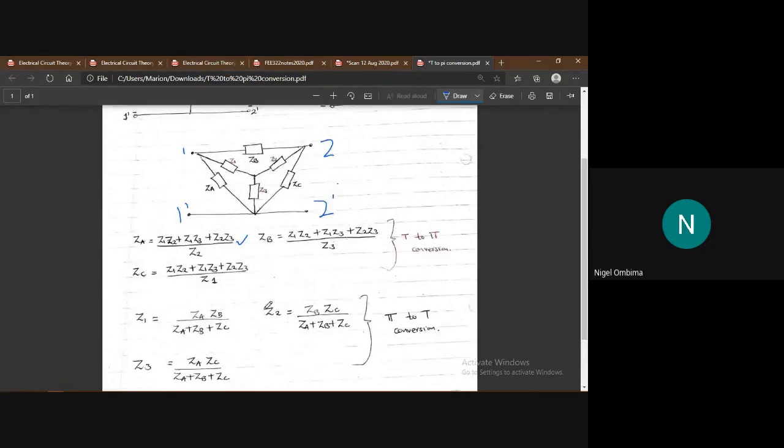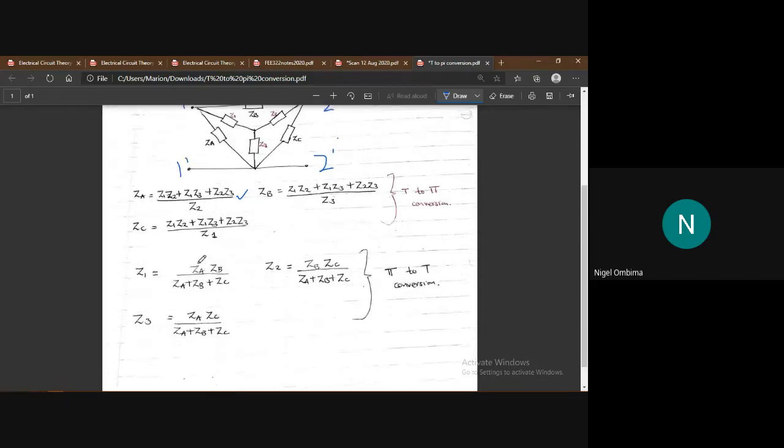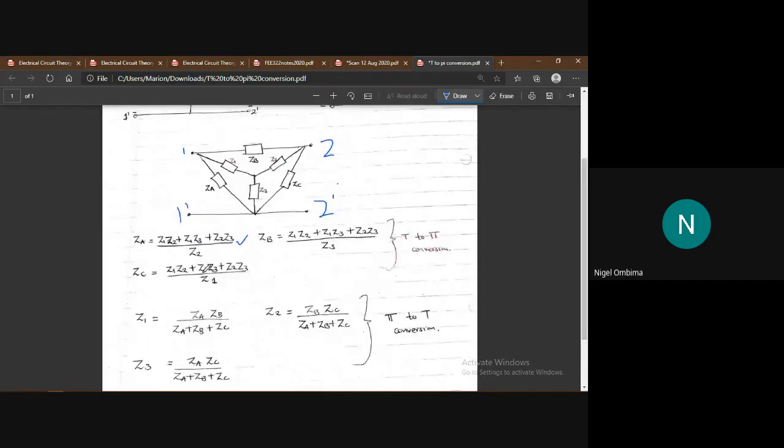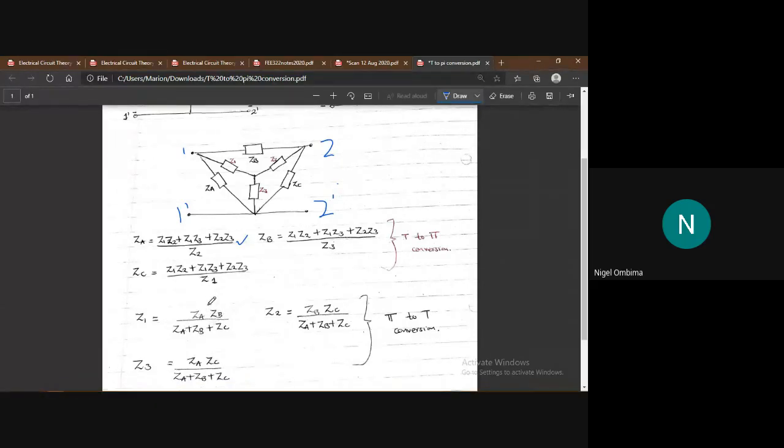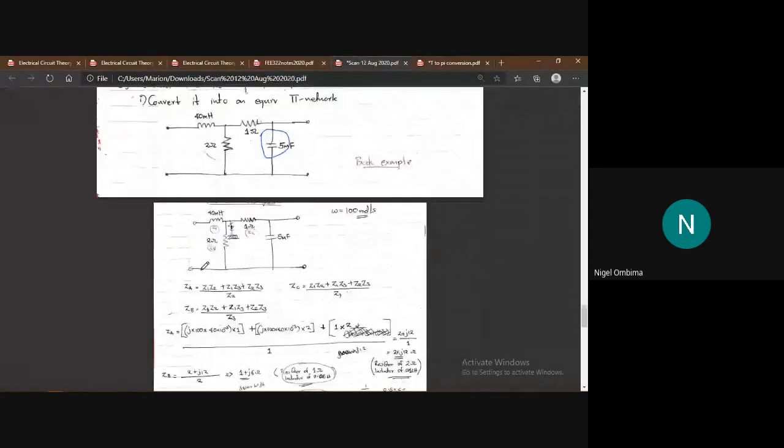Then to get Z1, Z2, and Z3 from pi to T network conversion, it's just ZA, ZB for Z1 over ZA plus ZB plus ZC using this star delta. If you just internalize it, I don't want to explain it now because time is running out. You can just look at it. Tops 2 minutes, you will have seen the pattern.